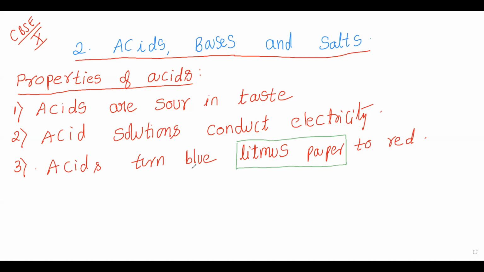When you dip blue litmus paper in acid, it will change to red. So acids change blue litmus paper to red. So these are the properties of acids.